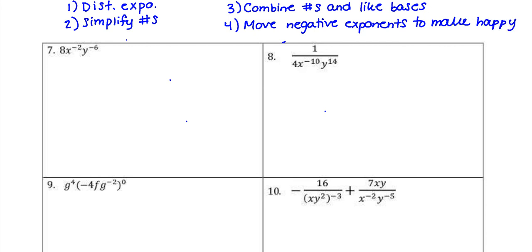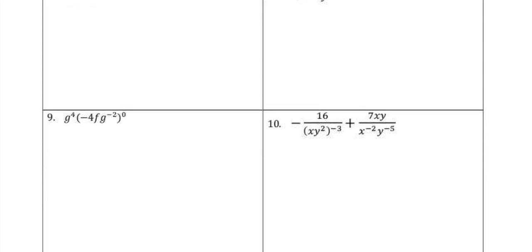And then number 5, repeat step 3 if needed. Step 3 being combining the like bases and numbers. Because sometimes when we move things, we're going to have more combining we need to do. So let's keep those 5 steps in mind as we move to number 10.